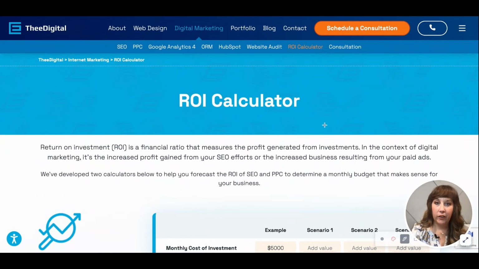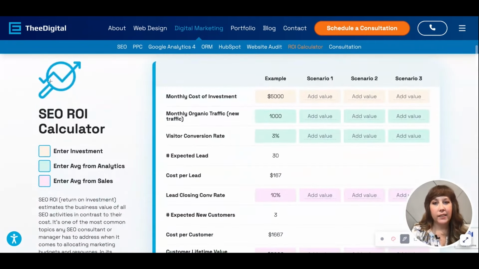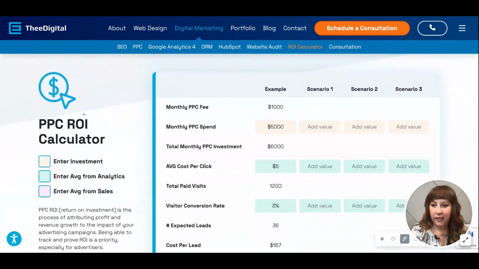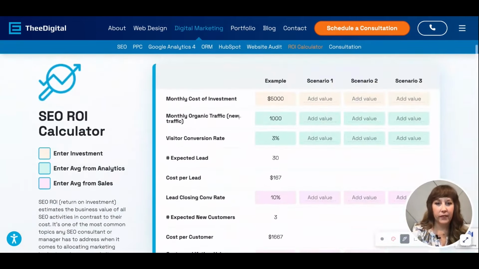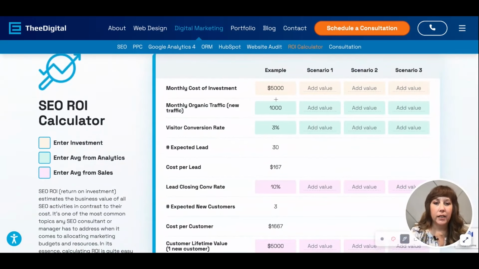You'll find two calculators on this page, SEO ROI and PPC ROI. Notice the color coding. The color of the cells corresponds to the color in this key on the left. The yellow cells are where you'll enter your investment.